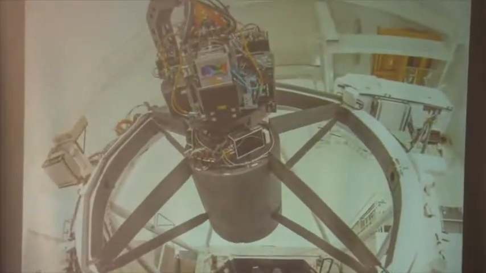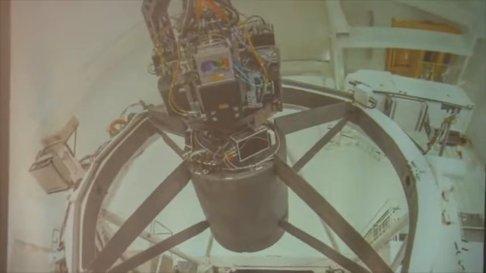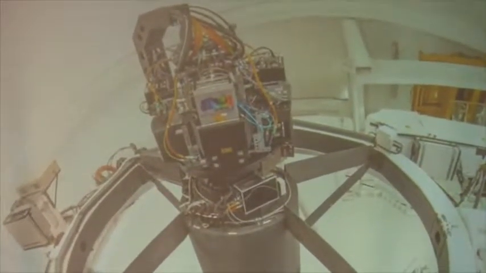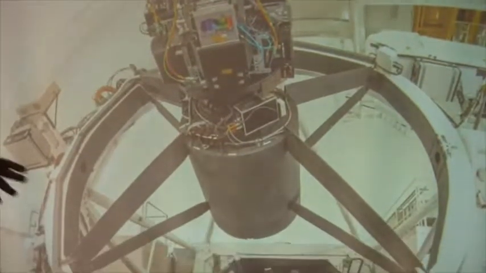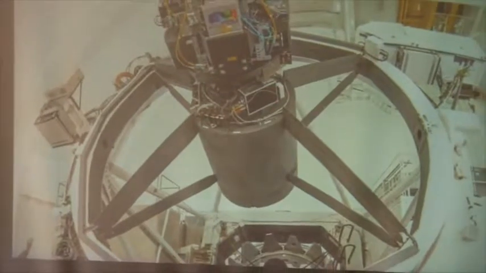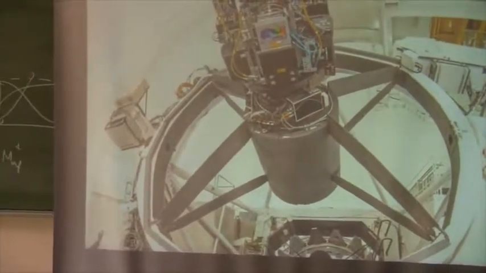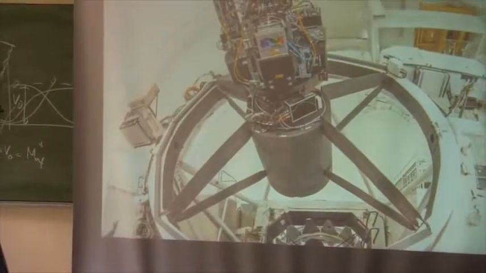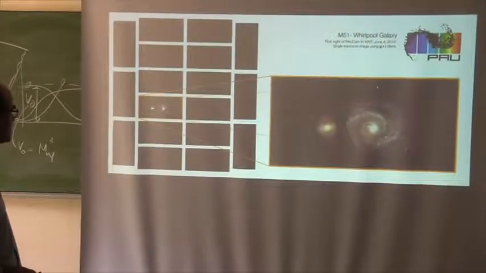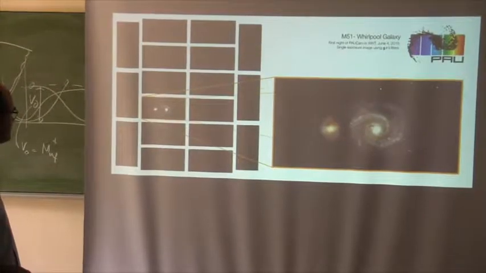I didn't build it, I didn't screw any of those things. I just helped design it, and it was built at CIEMAT and IFAE, by people that had expertise from particle physics and moved into cosmology. And we placed this in the prime focus of the William Herschel Telescope in the Canary Islands. This was the first image: the Whirlpool Galaxy, M51.